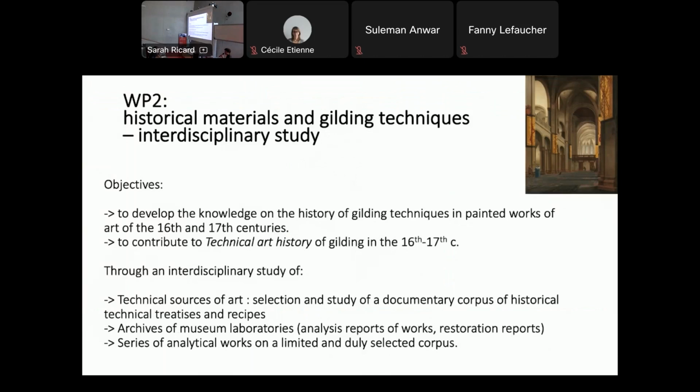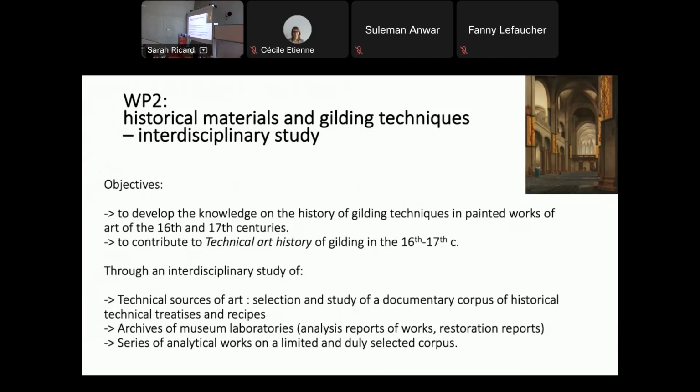In order to understand these techniques and to better appreciate the way that we can recognize them in painting, we are working very closely with our physical chemist team. We are also working on several aspects of textual documentation: technical sources of art, which include recipes, and also written and archival sources that allow us to understand the way that techniques were made.